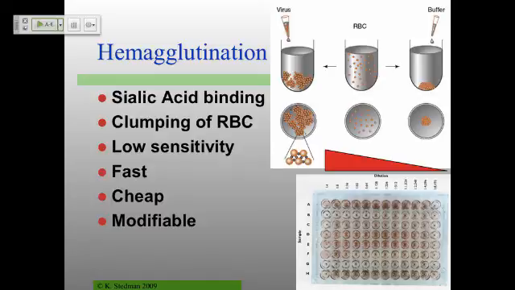And so the idea here is that if you have a virus dilution right here, mix it together with red blood cells, if there's something on the surface of the virus that will bind to those red blood cells, what it'll do is end up cross-linking those red blood cells. And you end up with these cross-linked red blood cells here in the presence of virus.